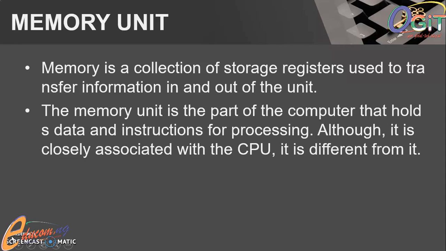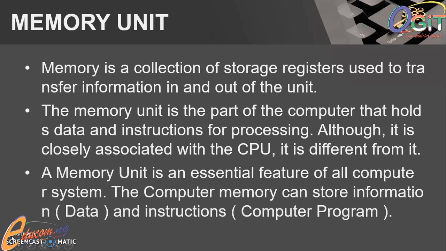They perform different functions and they are located at different places on the motherboard. A memory unit is an essential feature of all computer systems. The computer memory can store information, which can be called data, and instructions, which we can refer to as computer programs.